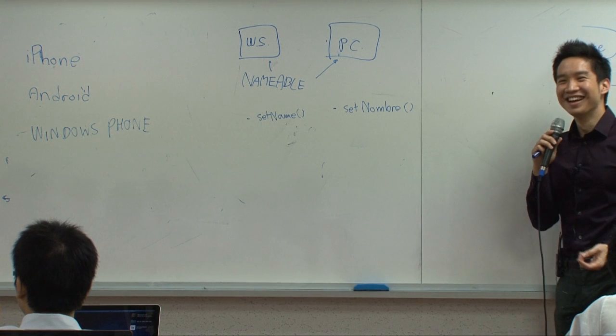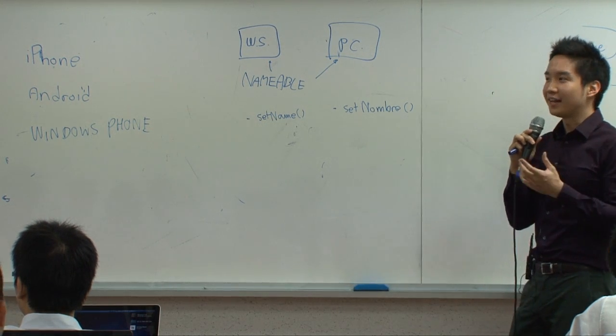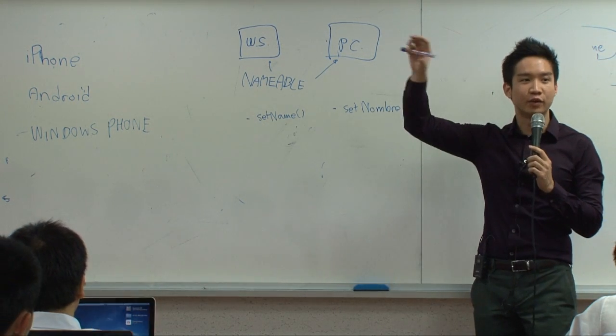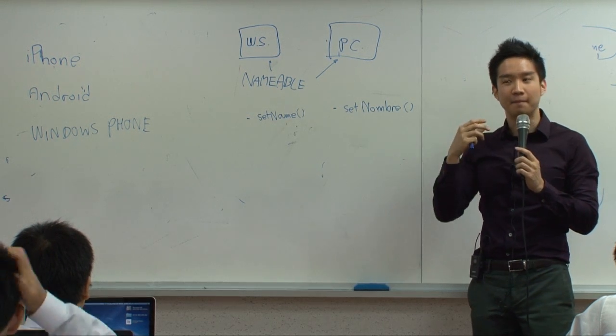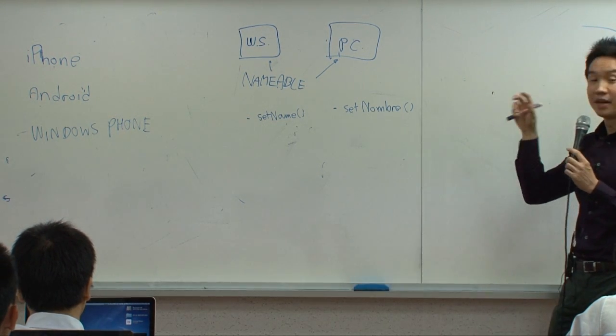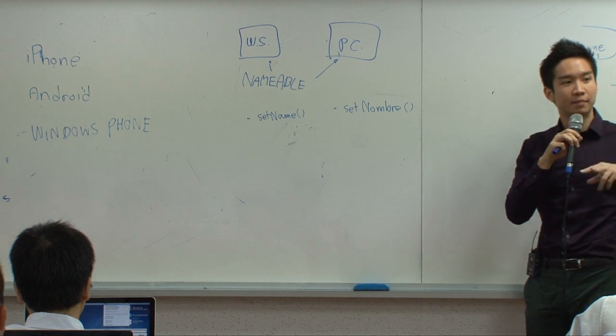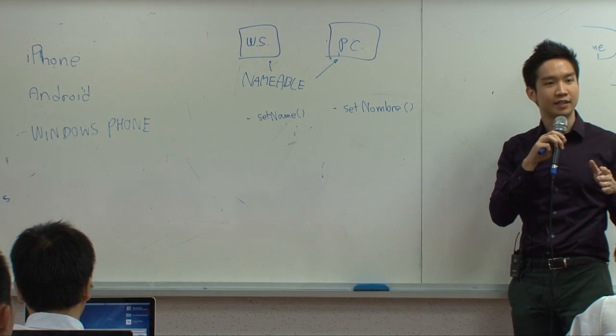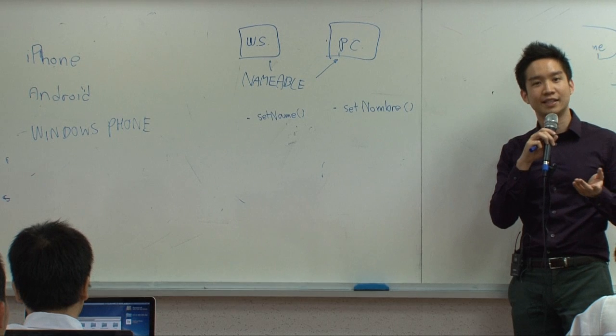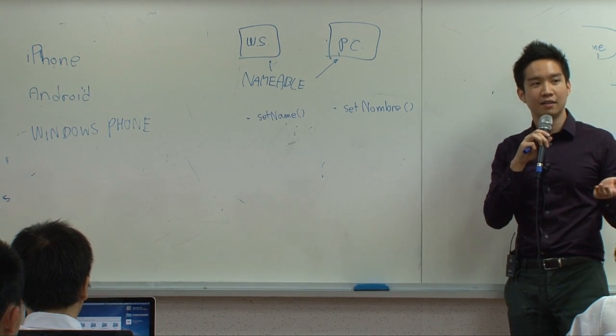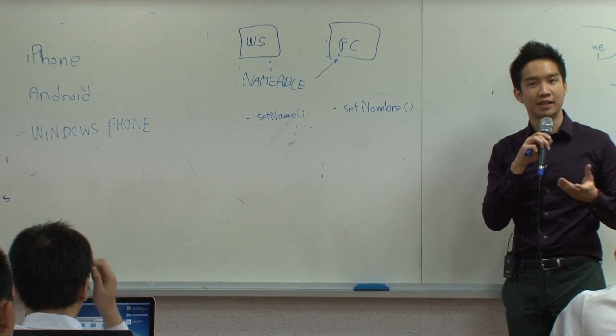So the point is that if you did not have an interface to enforce the method names, then two developers coming in might name two different things. Now, you might ask, is that a bad thing? That's not necessarily a bad thing. It depends on the situation.